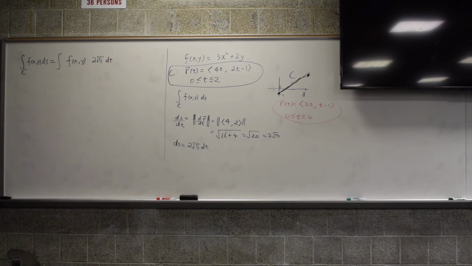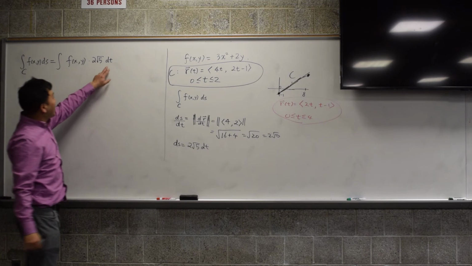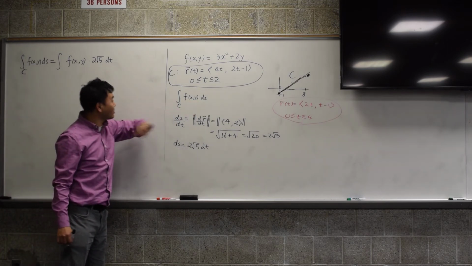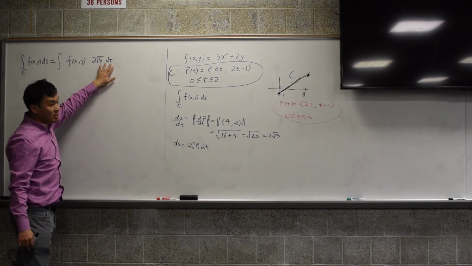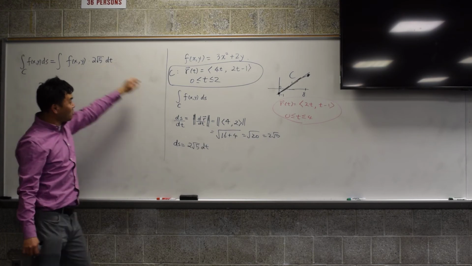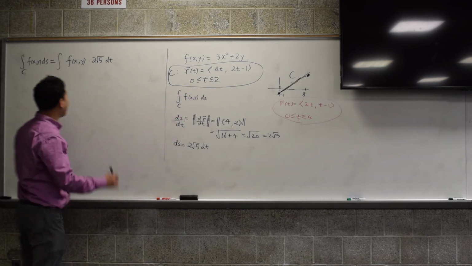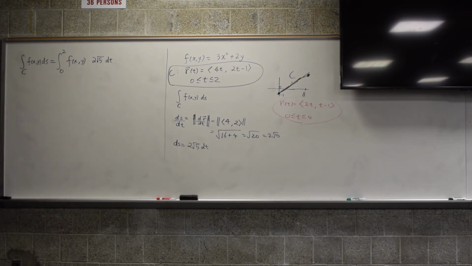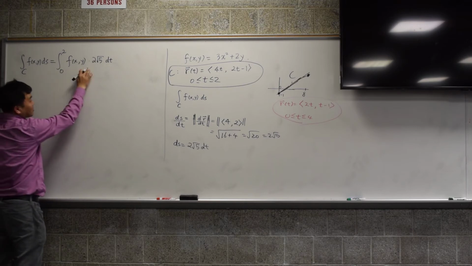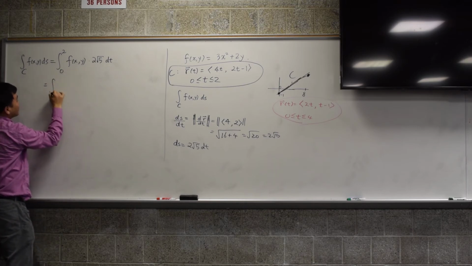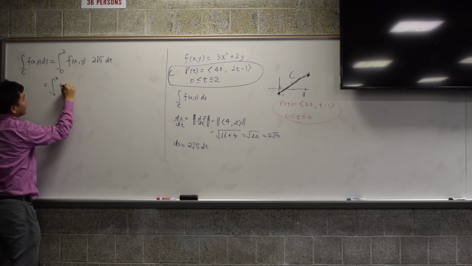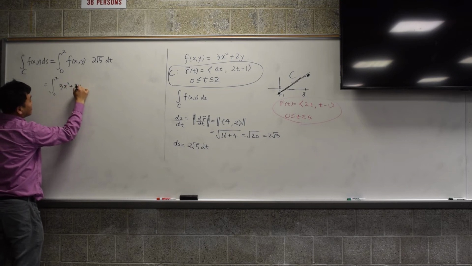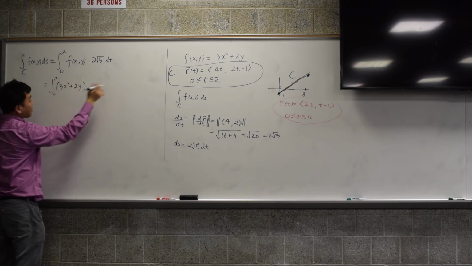Now that's a good start, because I don't know how to handle s, but I know what dt means. t varies from 0 to 2, right? So now I can say it's from 0 to 2. Okay? Then what? What's f(x, y)?